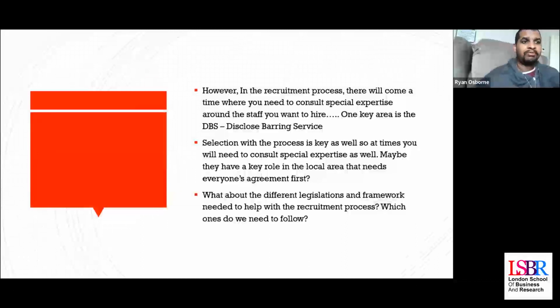I know what the Care Act 2014 says. I know all of that, but how am I going to apply that to the recruitment process? And how is it going to help us moving forward? So those are just some of the aspects of legislations and frameworks that we need to understand.